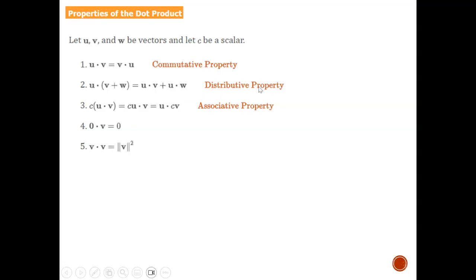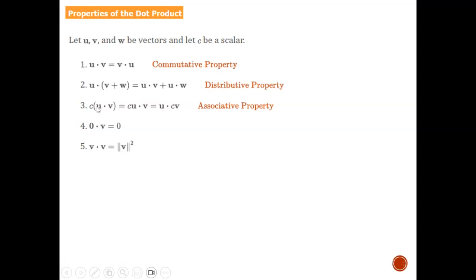Property number 2 is called the distributive property. If you have vector u dot product parentheses vector v plus vector w, it's going to be u dot product v plus u dot product w. That's called the distributive property of vectors. Now comes a scalar c.